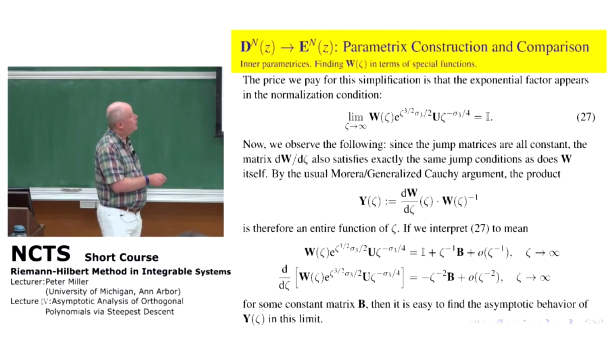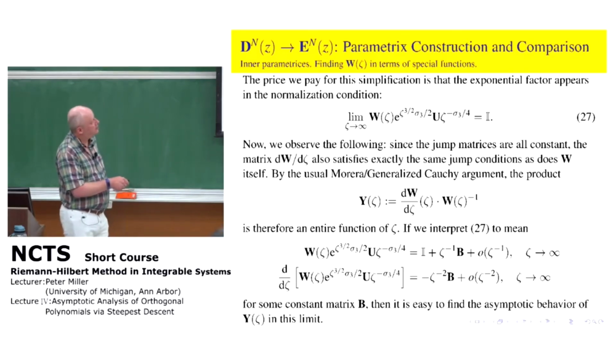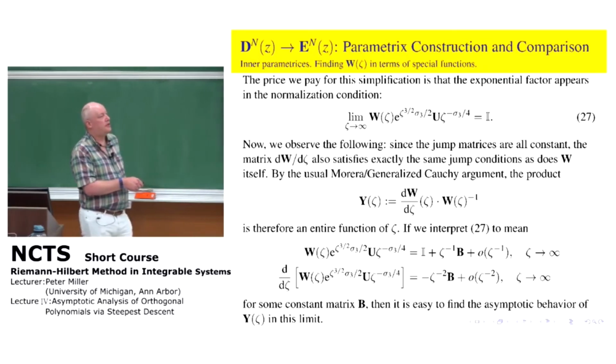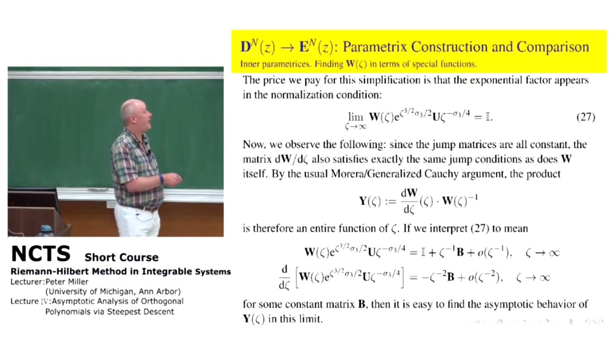So that means that you could apply this Morera or generalized Cauchy argument to look at this thing, dW d zeta times W inverse. Look at that. And let's call that Y of zeta. Well, that should be an entire function of zeta. Okay? Well, how do we figure out what an entire function is? The only thing we could possibly do is ask how it behaves when zeta is large.